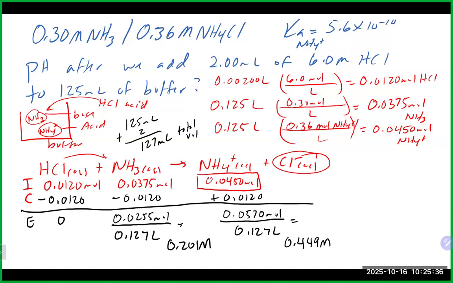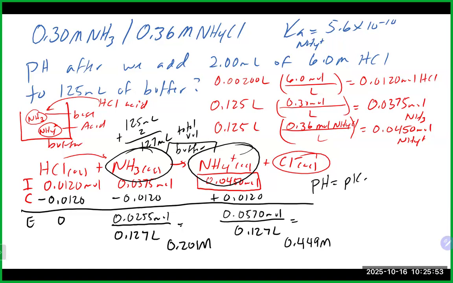Again, if you're not sure what you are left with at this point, you could just circle what you got left over, and hopefully you can still recognize that as the same buffer we started with. Which should then help you get to the pH, because I'm just going to go into my Henderson-Hasselbalch. Again, going to use the same pKa value as we had previously. We did previously calculate this as a pKa of 9.25 in this basic buffer.